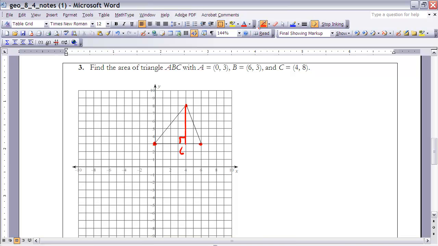It's perpendicular to the base, and that is 5 units up. Therefore, the area of that triangle is going to be equal to 1/2 the base times the height. Therefore, the area is going to be equal to 1/2 times 6 times 5. And it actually turns out that that area is exactly the same as the one that I started out with in number 2, and that is 15 square units.